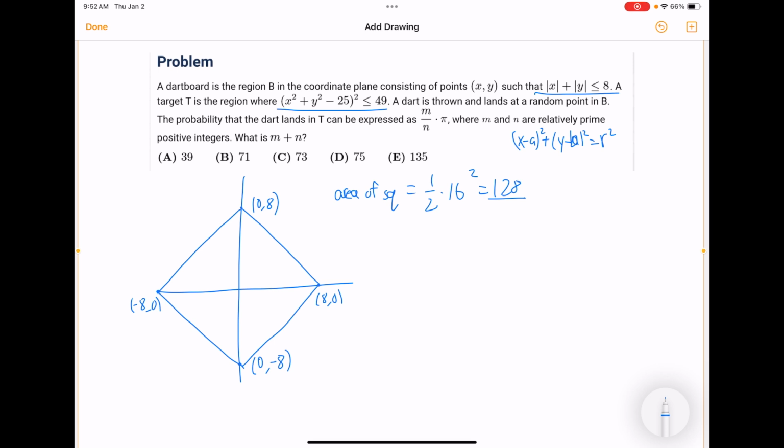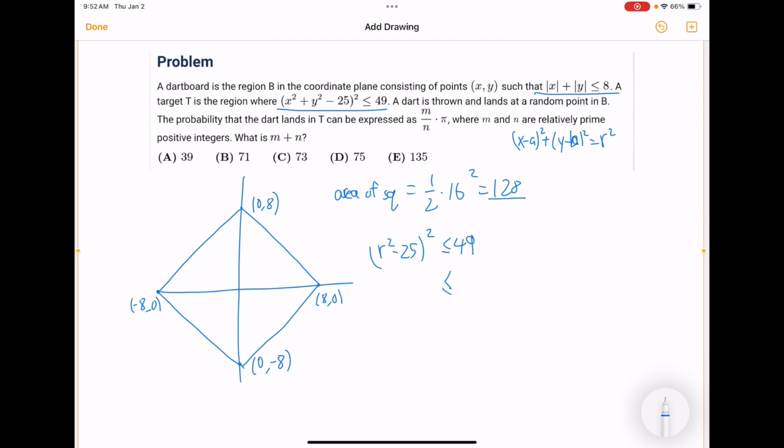Here we have x squared plus y squared, so I'm going to write that as r squared. So it can be expressed as (r squared minus 25) squared is less than or equal to 49.